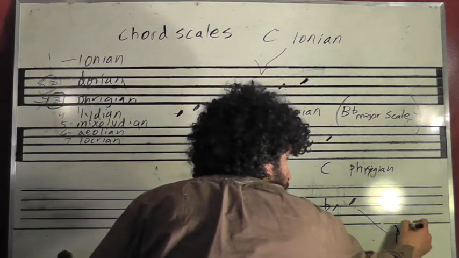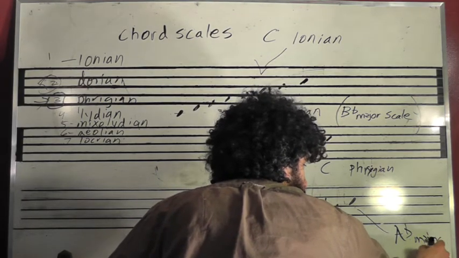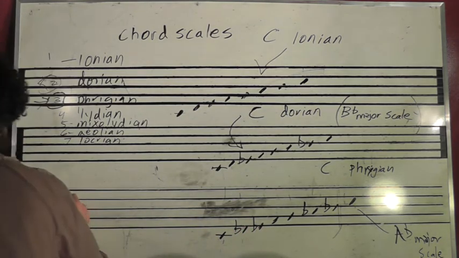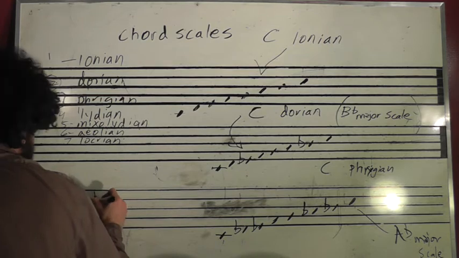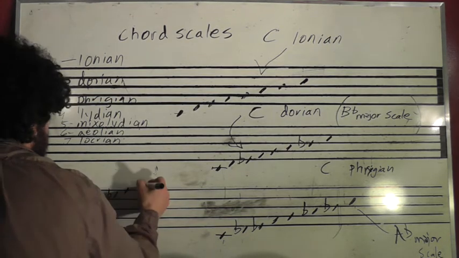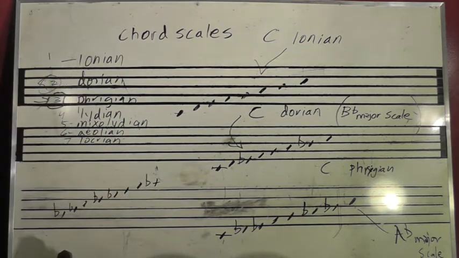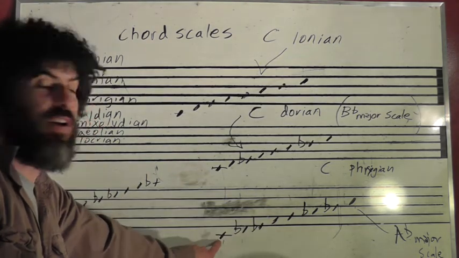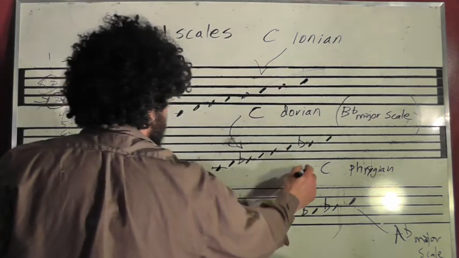All these notes are found within A flat major scale. So if I were to write out A flat major scale, A flat, B flat, C, D flat, E flat, F, G, A flat. And here are all the same notes, but you're starting the scale from C, and that's C Phrygian.